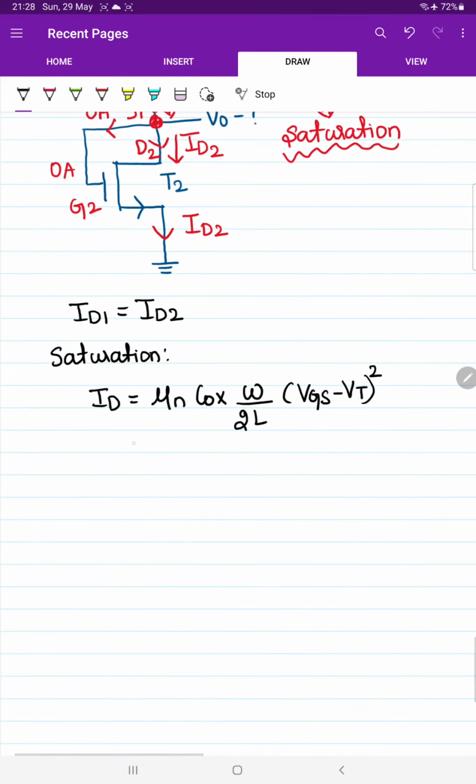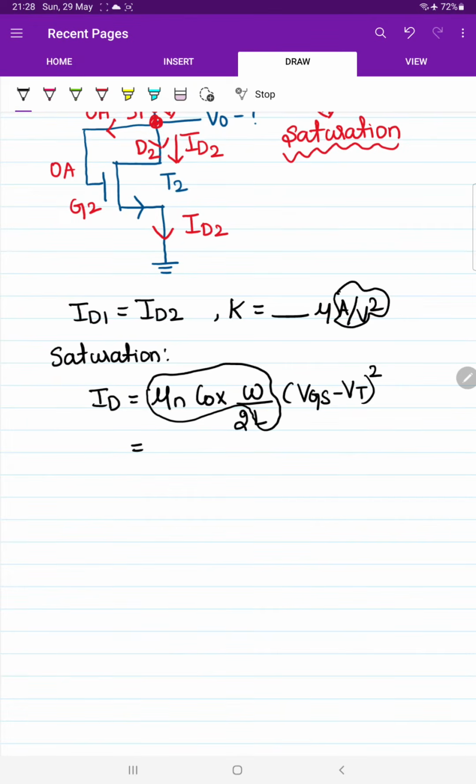Next, from here I can see that whenever some constant is given with some value and the unit is microampere per volt square, see, if it is ampere per volt square, then that K is talking about mu n C ox omega by L. Don't forget that. The unit will become ampere per volt square.